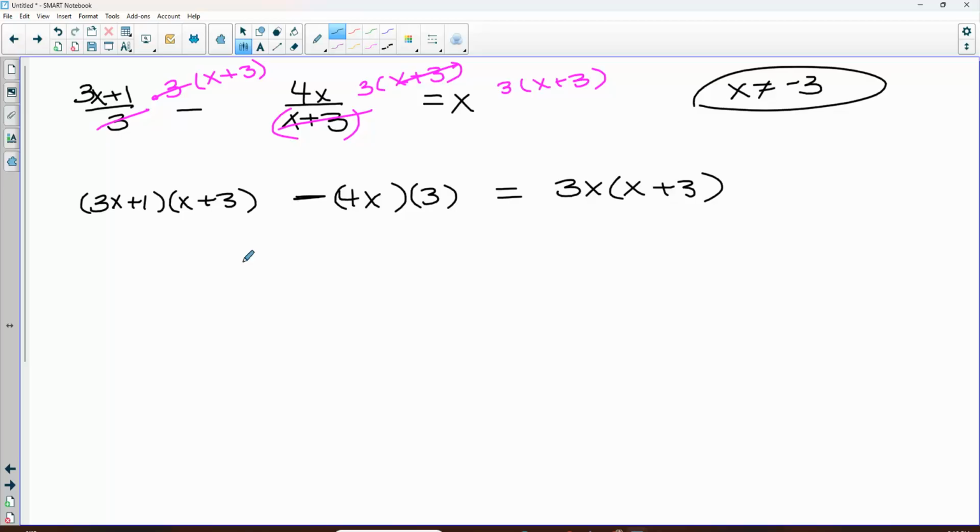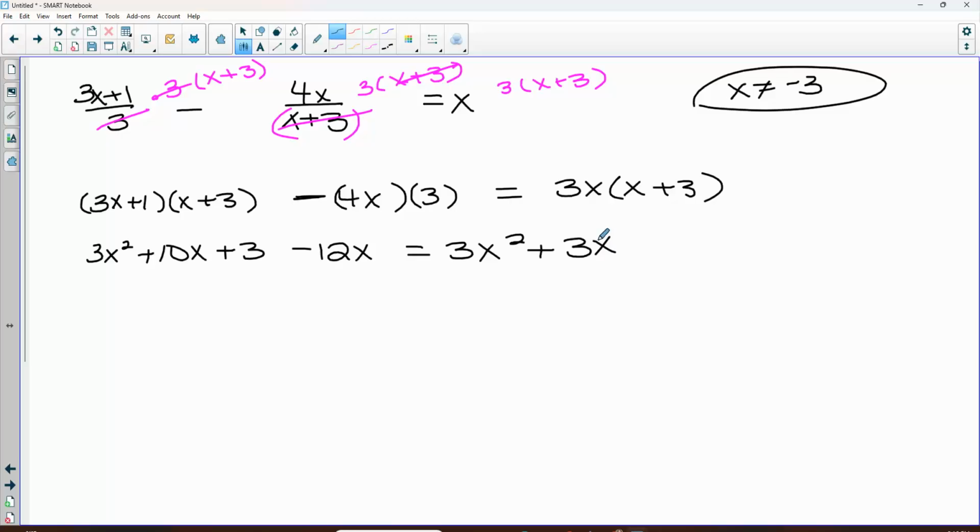All right, so at this point, if we FOIL those out, we get 3x squared plus 9x plus 1x, so plus 10x plus 3 minus 12x equals 3x squared plus 3x. What would I do next? Combine like terms.